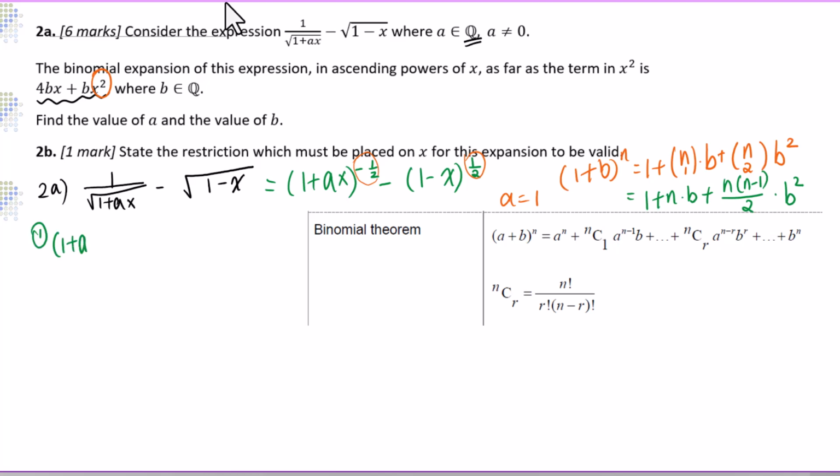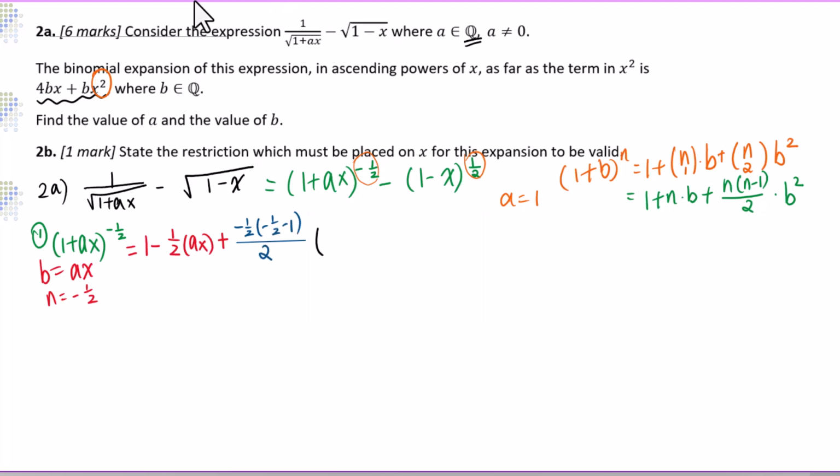1 plus ax to the negative 1/2 power. We know b equals ax, n equals negative 1/2. So we plug into this formula. 1 minus 1/2 times ax, plus negative 1/2 times negative 1/2 minus 1 over 2 times ax squared.